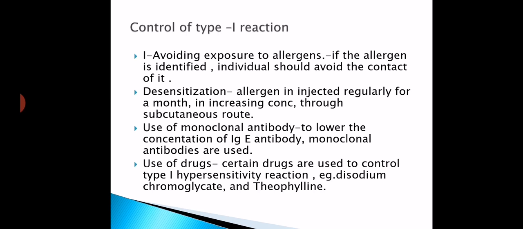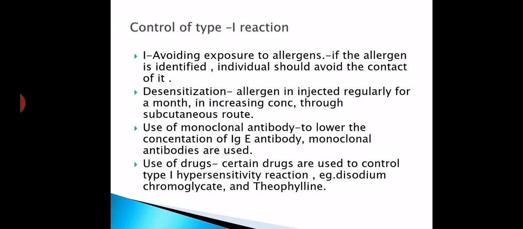So here, by using monoclonal antibodies, we can lower the concentration of IgE antibodies to some extent. If we use specific monoclonal antibodies, after injection in our body these antibodies help to minimize the concentration of IgE antibodies.